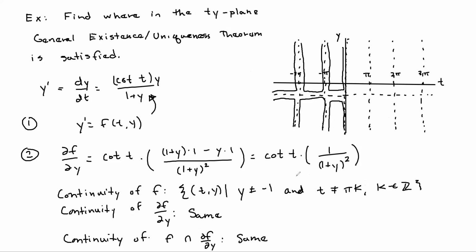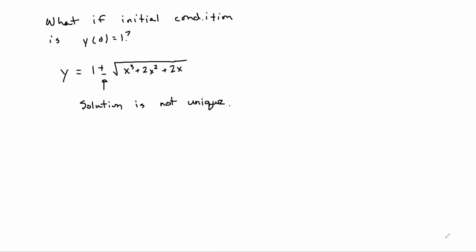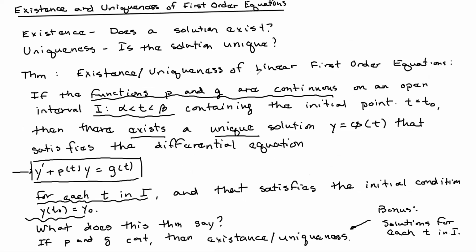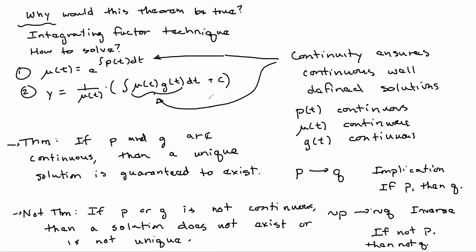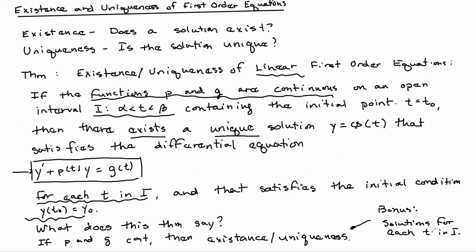Okay, so we've got two theorems. The first one that we discussed was the linear, so that's specific to linear. If you go all the way back to the beginning, specific to linear first order equations. Linear first order equations are the type that can be solved using the integrating factor technique. And we see that there are conditions on when those would have solutions that exist and are unique.